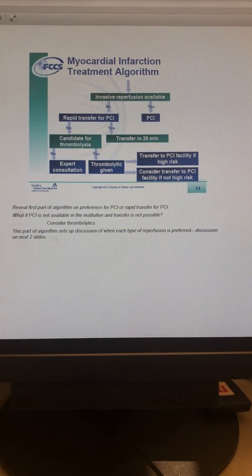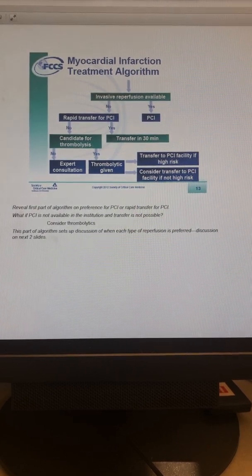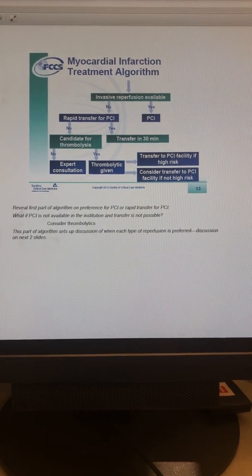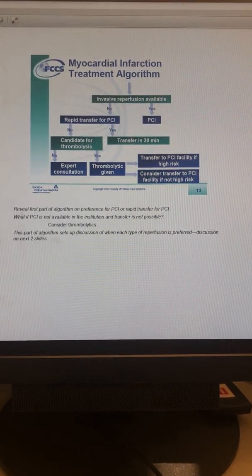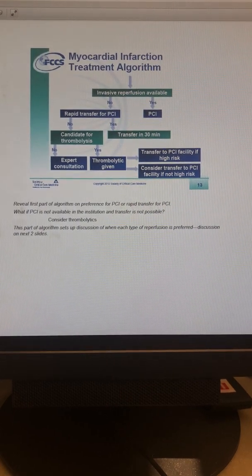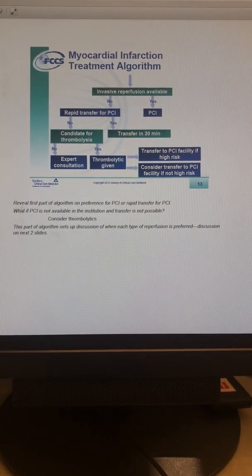If you have ST elevation MI, you're going to immediately work on reperfusion, taking them to the cath lab and opening that artery up. If the answer to whether you have the capability is yes, you take him directly to the PCI. That's what you see on the right side of this.